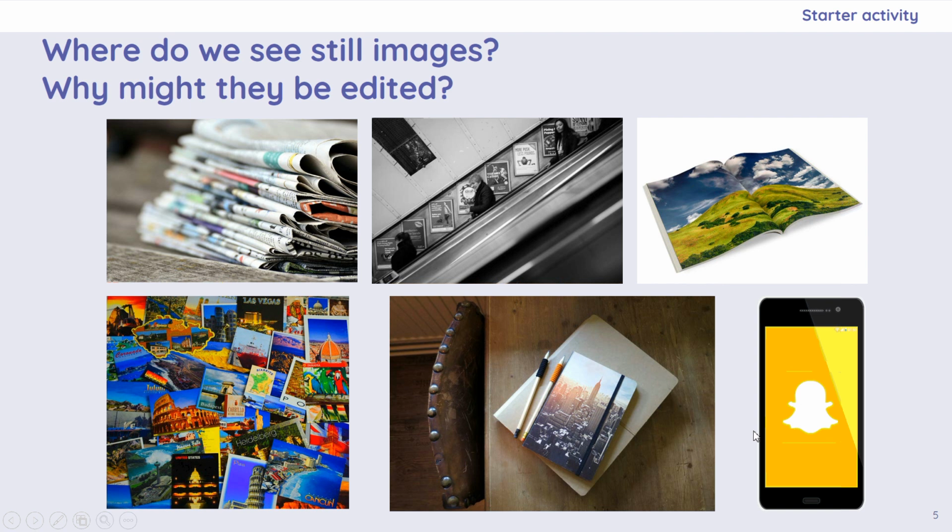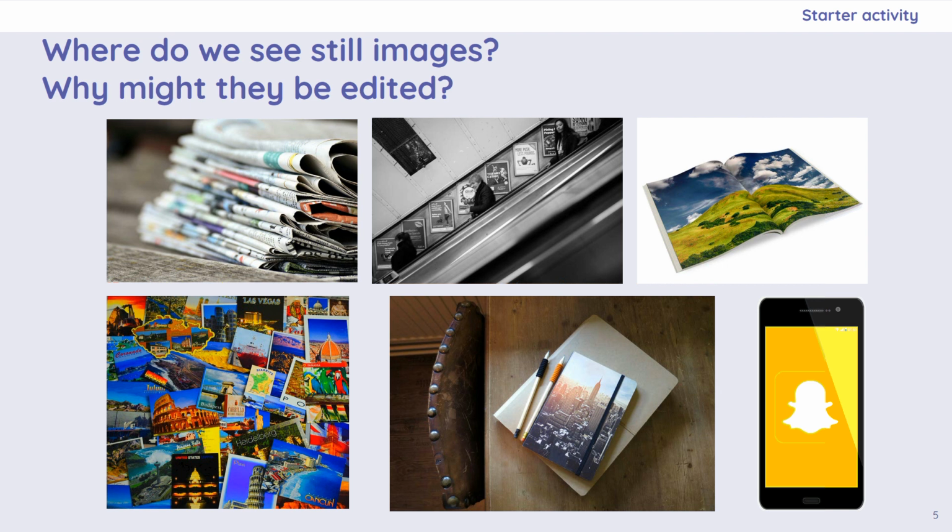Some of the places that we still see images, just pause the video and think about why some of these images might be edited. Okay, hopefully you've had a chance to think about why some of these images might be edited.